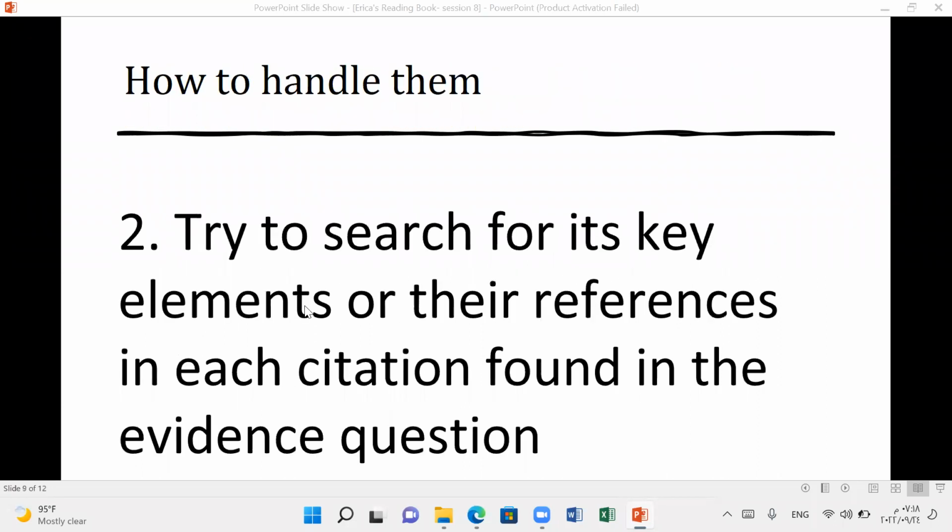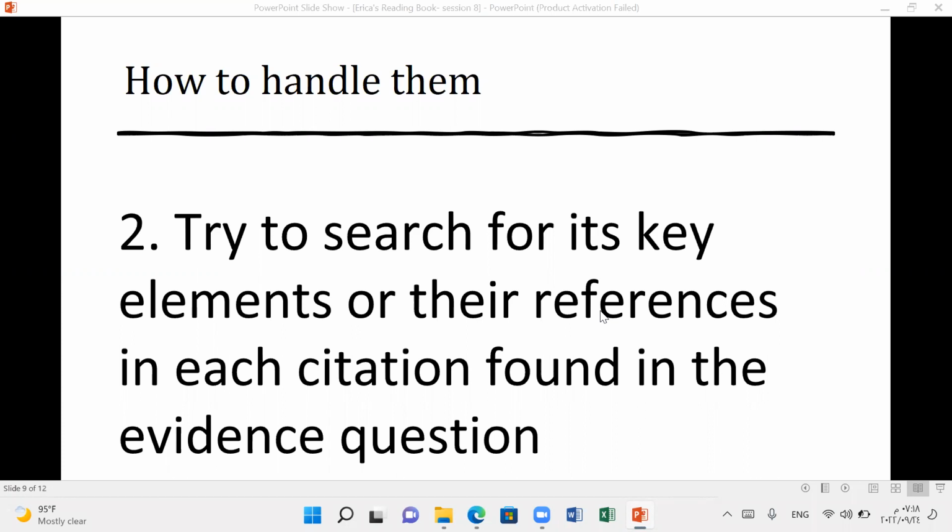So for the first question, you assign its main elements and try to search for its key elements or their references. Sometimes the key elements are not directly stated. They can be referred to using certain pronouns or certain articles that can refer back to them.